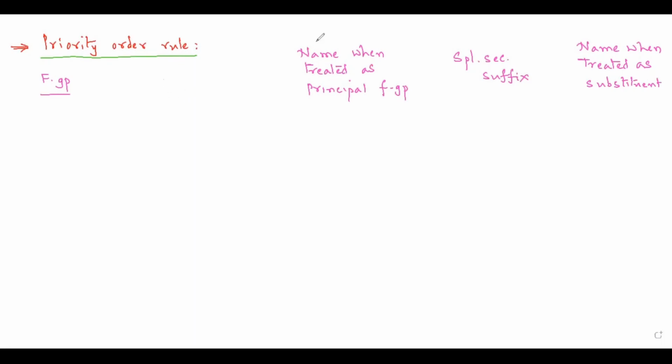Let me just start with the topmost, the one with the maximum priority, that is carboxylic group. This is the one with maximum priority.